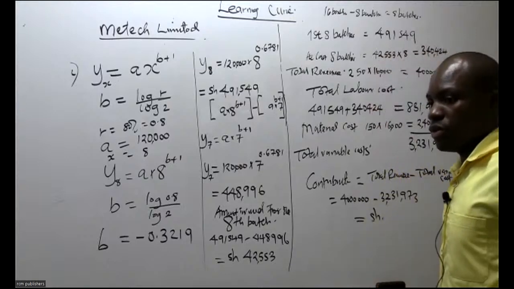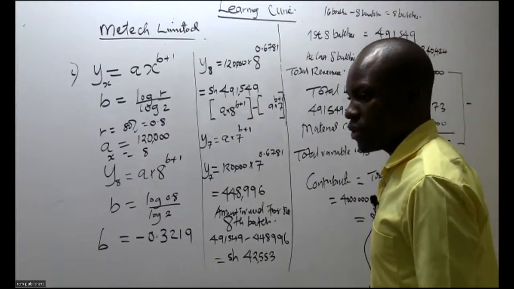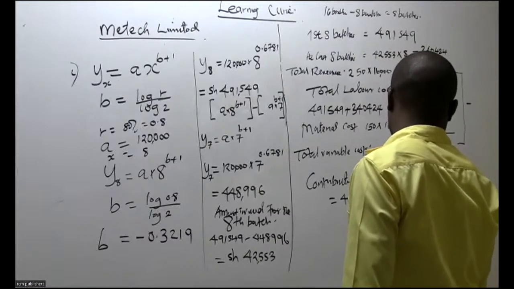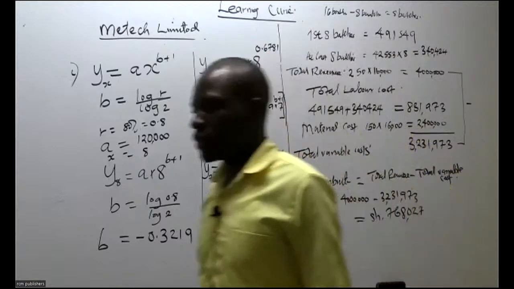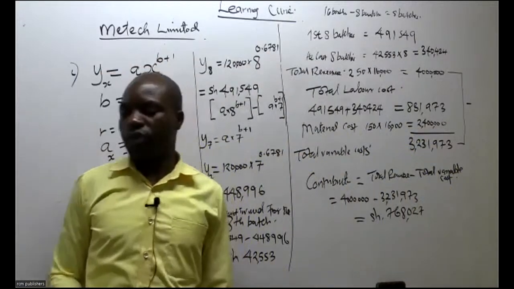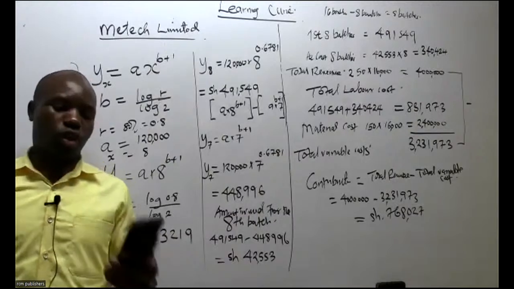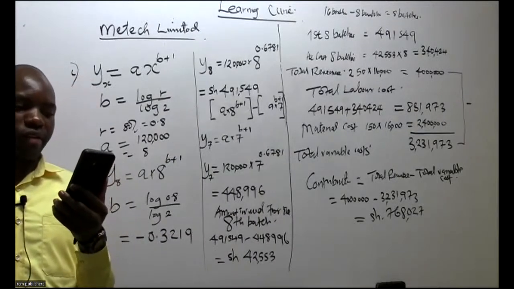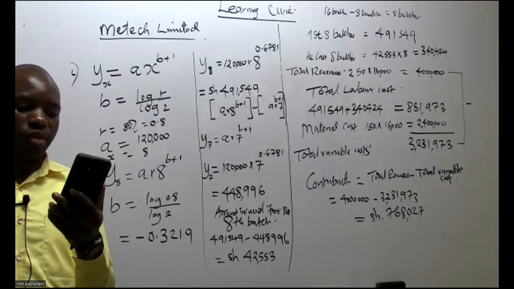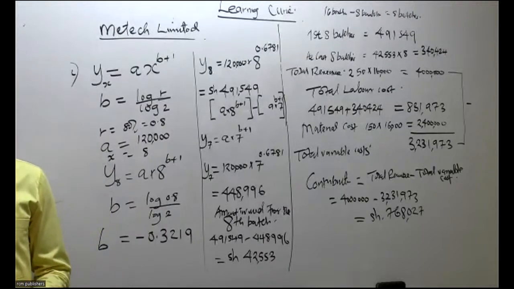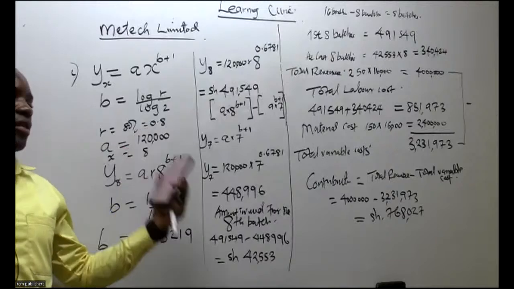What is our contribution? 768,027. So that's what you are supposed to do for you to be able to get those free marks that were given down there.